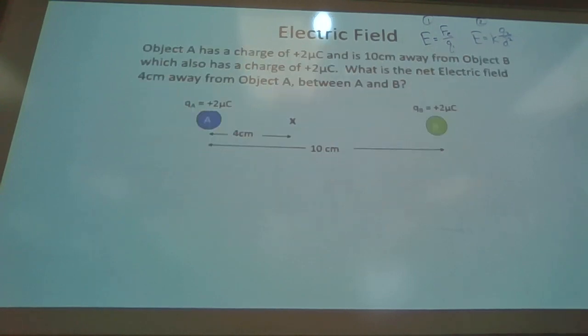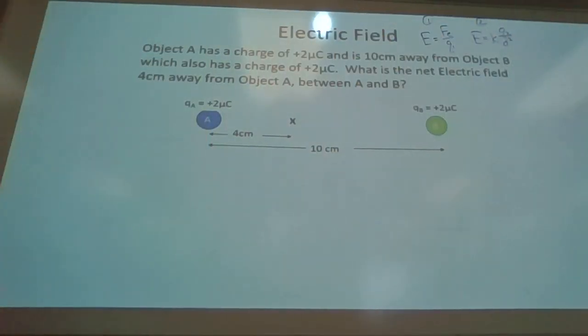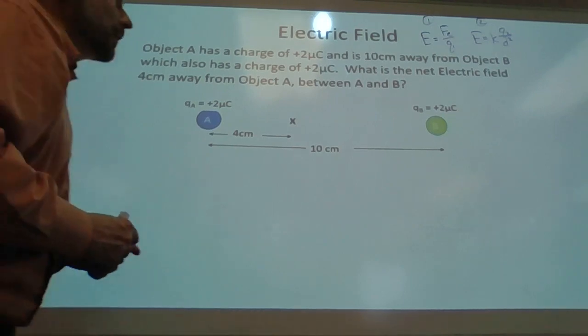Okay? All right, example problem. Object A has a charge of positive 2 microcoulombs, and is 10 centimeters away from object B, which also has a charge of positive 2 microcoulombs. What is the net electric field 4 centimeters away from object A, between object A and object B? What I want you to do here are the equations in your toolbox so far.